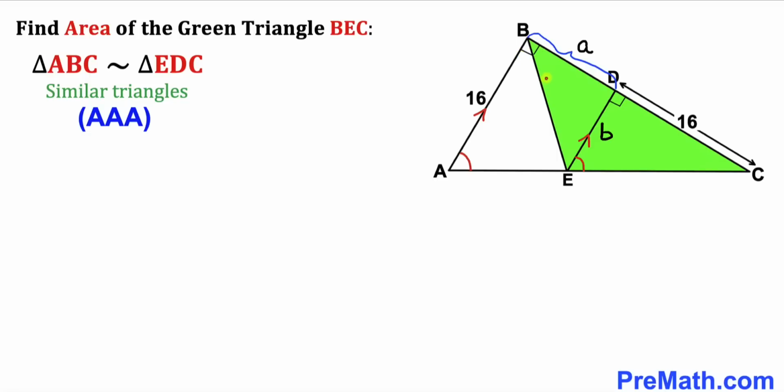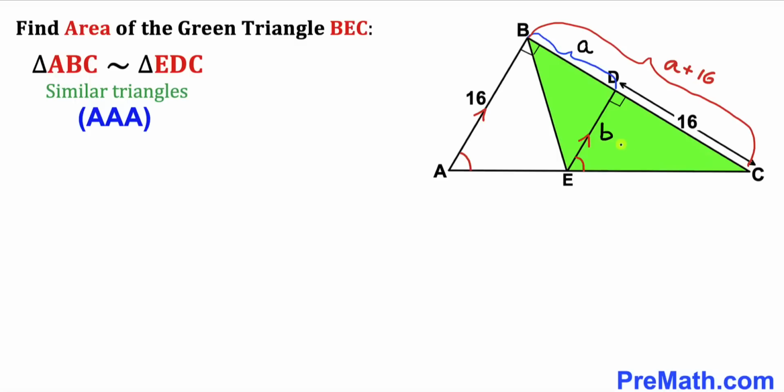Now let's look at this side length BC. This whole side length is going to be the sum of these two individual lengths. So this side length BC is going to be a plus 16. And since these two triangles are similar triangles, we are going to have a proportion.